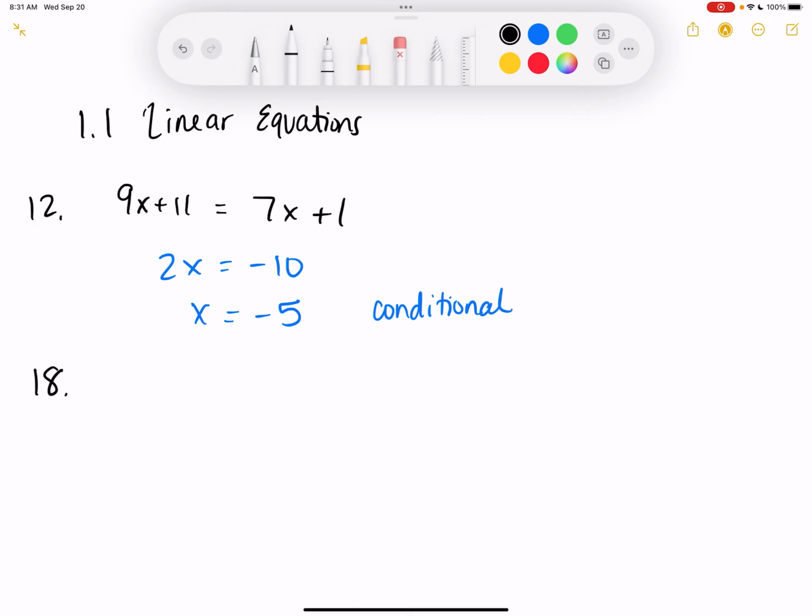18, 5 times x plus 3 plus 4x minus 3 equals negative parentheses 2x minus 4 plus 2.